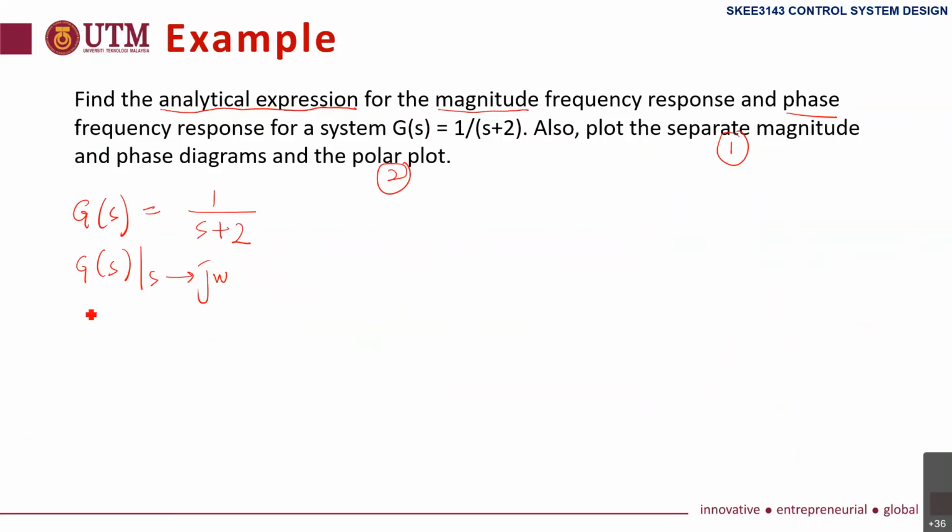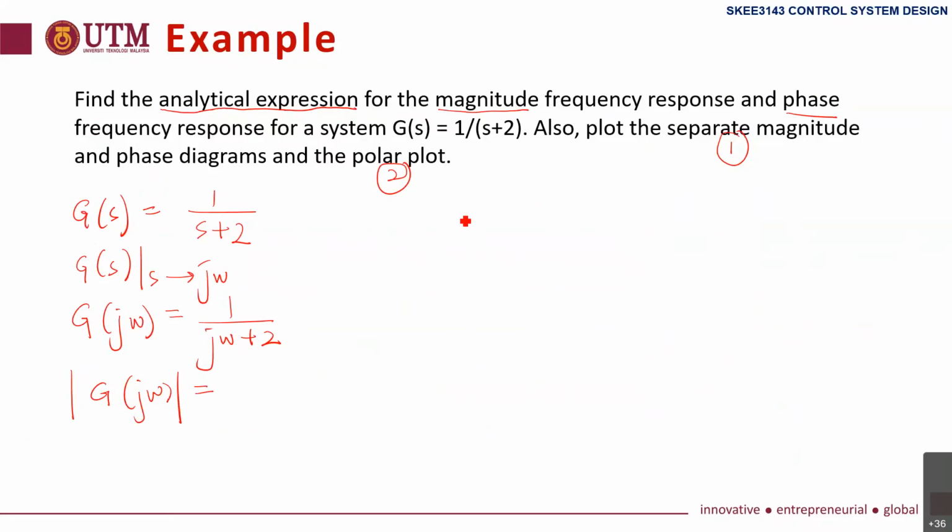Therefore, we substitute: 1 over j omega plus 2. Once we have this, what we want is the magnitude.